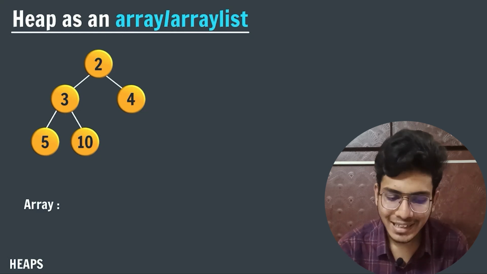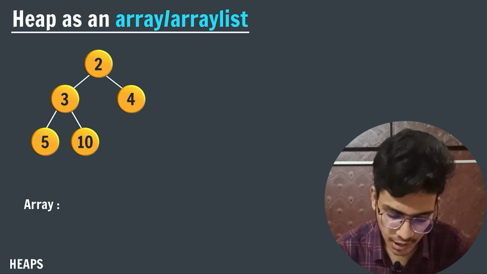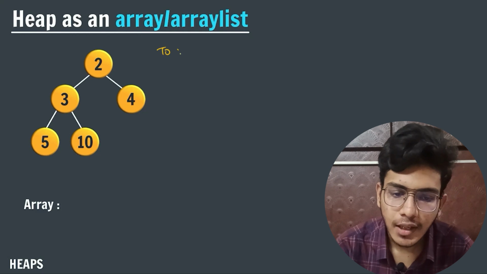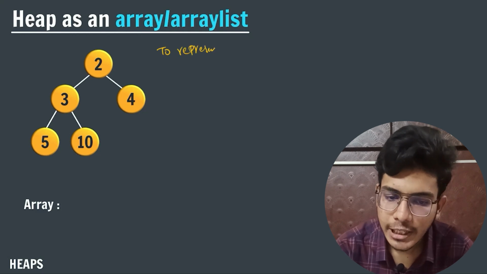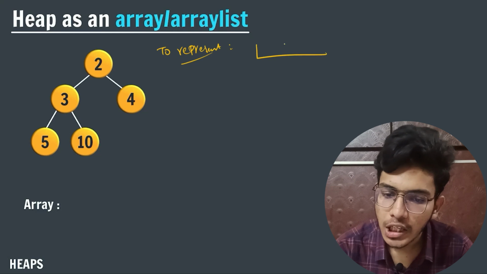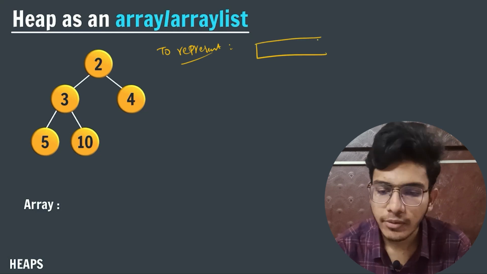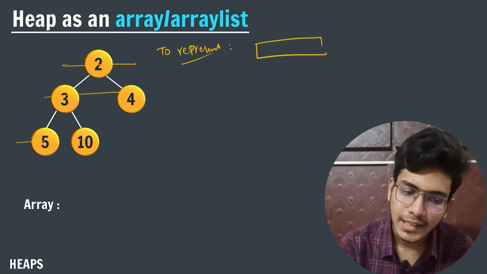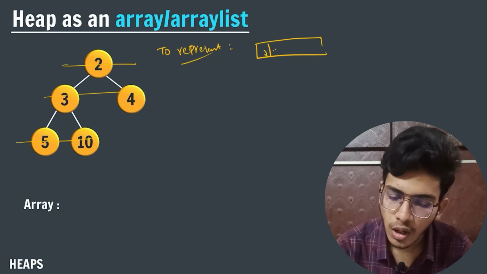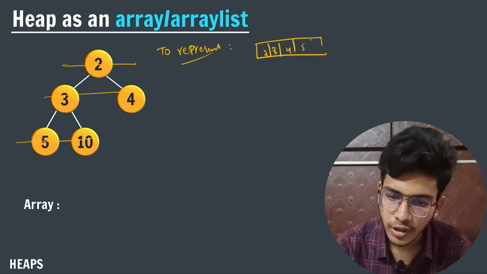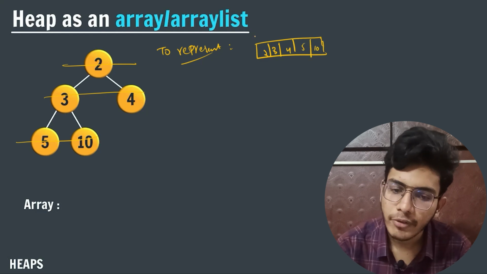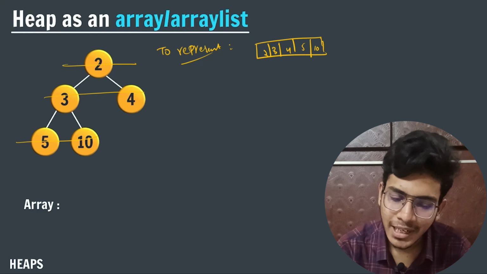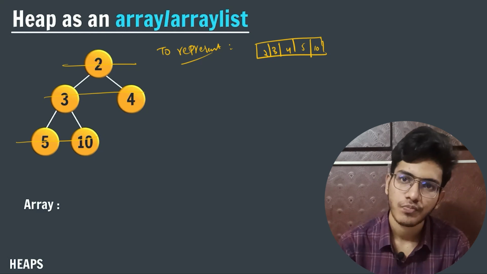So in array list or arrays, how we represent a given heap is that we will create an array or array list, whatever you want, and I will add elements in this order. First of all, 2, then 3, then 4, then 5, then 10. So this is how I will visualize elements in my array list.